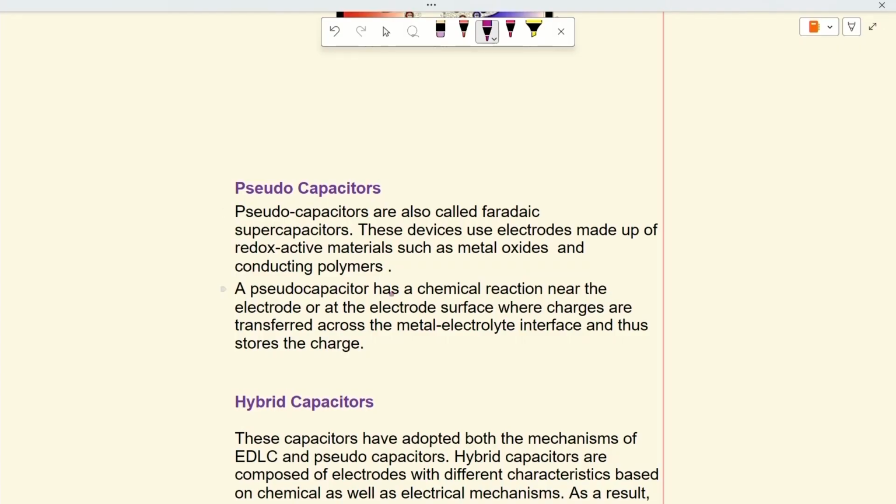They are not true capacitors because there is an electrochemical reaction taking place, and as a result it forms an electrical double layer. It is not simply due to polarization. The pseudo capacitor has a chemical reaction near the electrode or at the electrode surface, where the charges are transferred across the metal and electrolyte interface, thus forms the electrical double layer and the charge is stored.